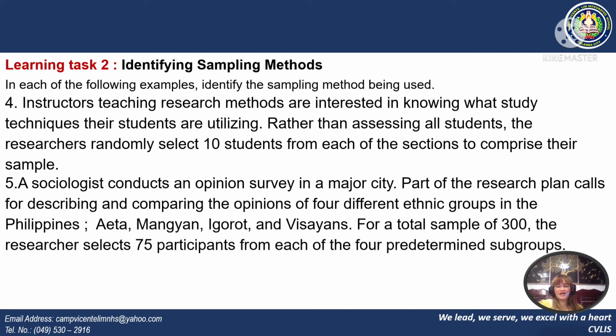Part of the research plan calls for describing and comparing the opinions of 4 different ethnic groups in the Philippines: Aeta, Mangyan, Igorot, and Visayans. For a total sample of 300, the researcher selects 75 participants from each of the 4 predetermined subgroups.